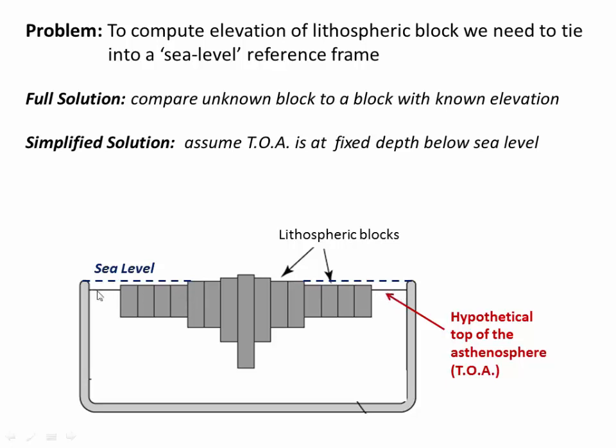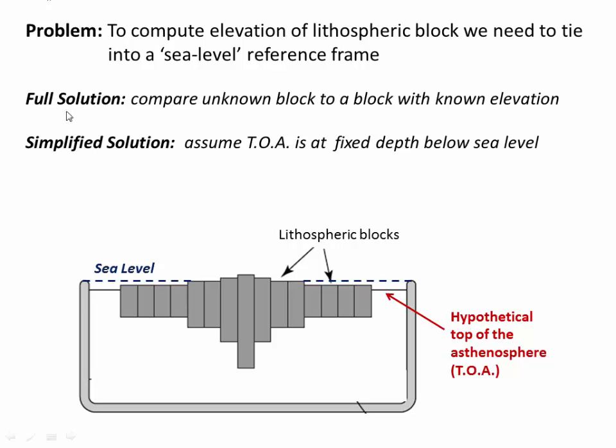But in fact, this specific reference frame doesn't really exist, or if it does, we don't know how to define it. So instead, it's more useful for us to define the height or the elevation of a lithospheric block in terms of its elevation relative to sea level, which is the reference frame we're used to using as humans, as in meters above sea level.